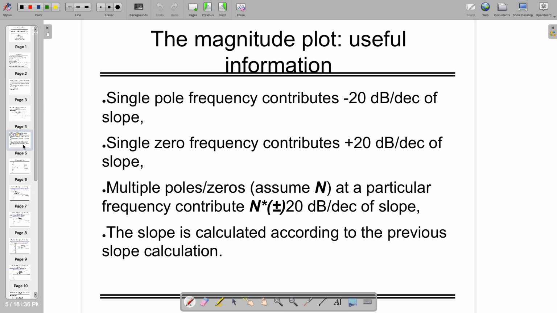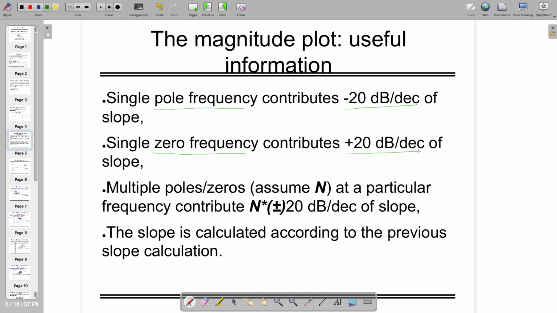Now let's revisit what you studied maybe in your previous course. So this is the conclusion or the summary of what you studied. I'm not going to go through the derivation of these things. For derivation you can separately go through some control course. But single pole frequency is going to contribute minus 20 dB per decade, and single zero frequency contributes plus 20 dB per decade.